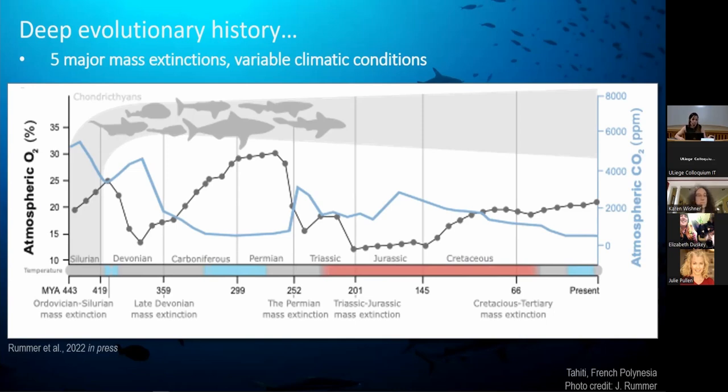And in fact, it was thought that because they had this evolutionary history over an array of variable conditions, they'd probably be pretty resilient to climate change, and that made a lot of these studies irrelevant for a while. But it's really important to note that while the extant species, those today, have experienced challenging environmental conditions in their deep evolutionary history, this doesn't necessarily mean that they will tolerate these conditions in the future.